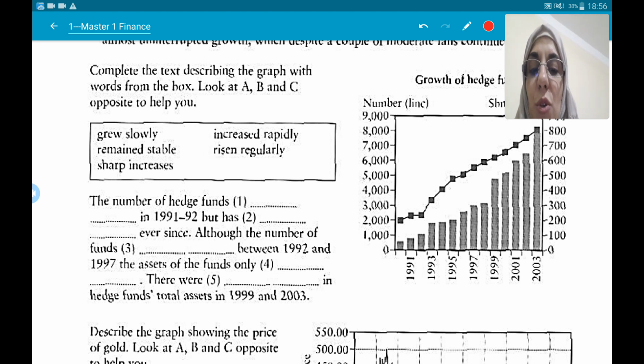So you've got to put the words in the suitable gaps. A few seconds. The graph in front of you might help you find the suitable words.